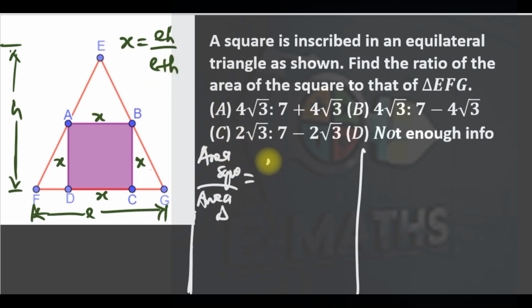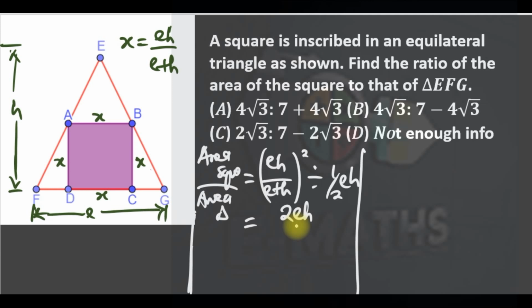So we have EH over E plus H, squared, divided by the area of a triangle, which is half base times height. So what do you notice? There is EH squared, E plus H all squared, divided by this. So we have 2 EH over E plus H all squared.